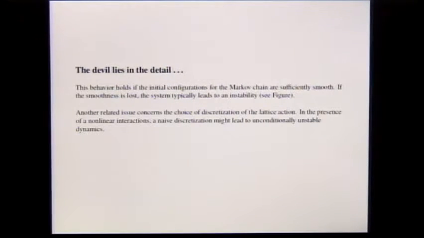It has a continuum limit that you can take without problems. But in fact, that discretization will never lead to stable dynamics. It features an unstable mode, which will always grow. So you have to keep this in mind if you want to do these simulations. There's a lot of knowledge about what particular discretizations to use, and you should take a look at this.